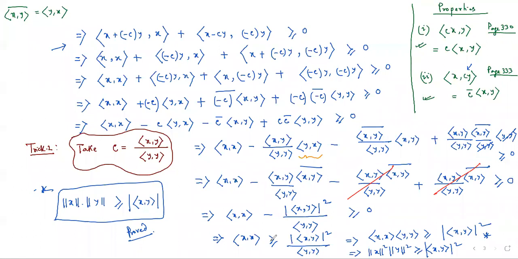Then forget everything that I have written here. You just break the terms, substitute, and find this long expression, the inner product where four terms are there: xx, c into yx, c bar into xy. Up to this you do. You don't have to remember these steps. If you can remember the properties of the inner product, that will be good. The third point you must remember is, once you come to this point, you have to substitute the value of c.